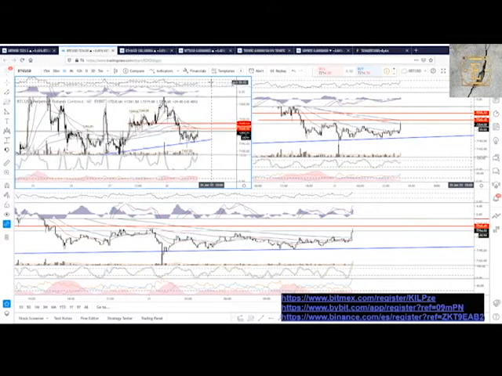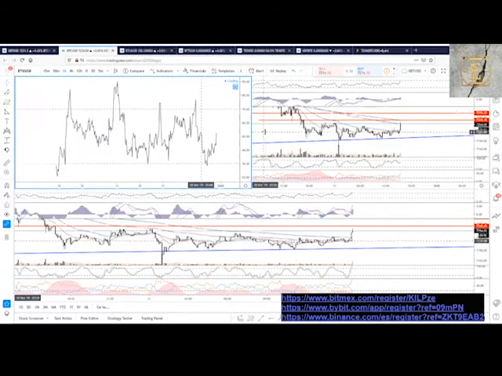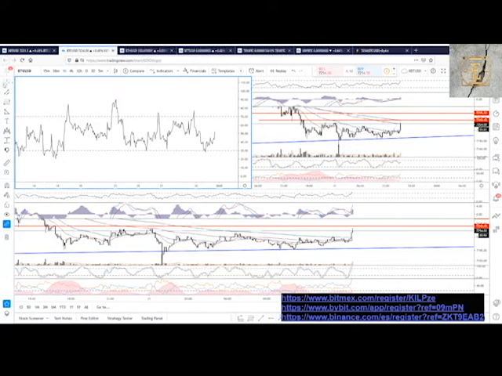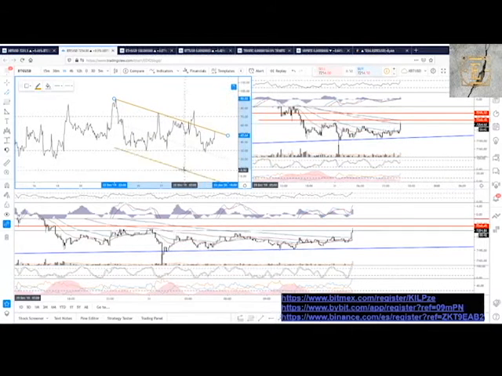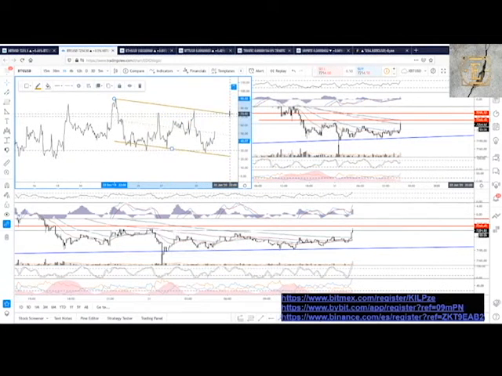Breaking this, but it looks like this RSI is pretty, seems like it's something like this. I can stop here. If not, if it's like this, this doesn't work like this.